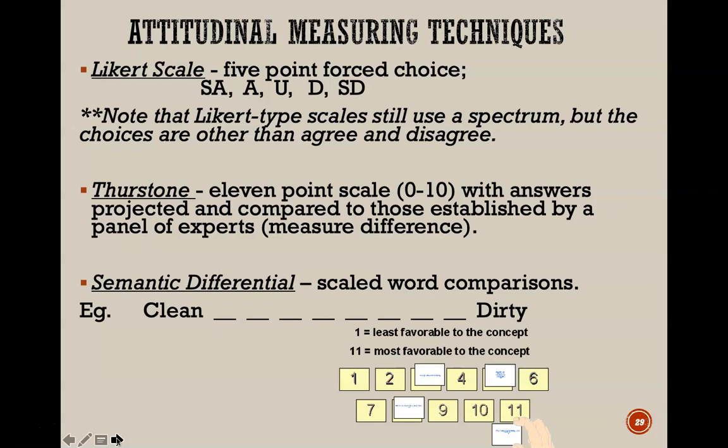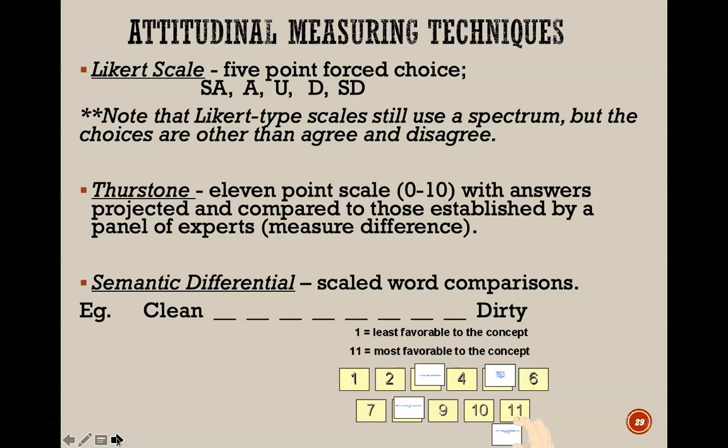So the Thurstone is called a unidimensional scale that tracks the respondent's behavior, attitude, or feeling towards a statement. It consists of statements about a particular issue or topic where each statement has a numerical value that indicates your attitude toward the topic as favorable or unfavorable.